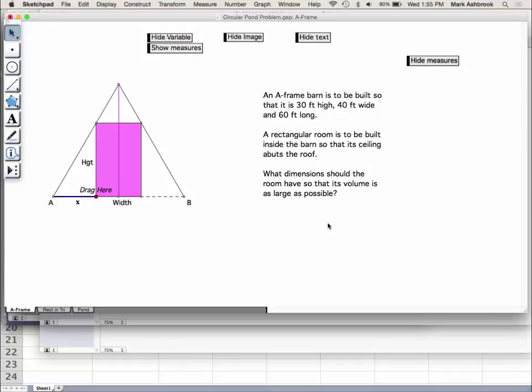A function that has what? The dependent variable of our function will be volume. A function whose dependent variable is volume. We're going to spend the first part of the problem creating that function, and then the second part using that function.